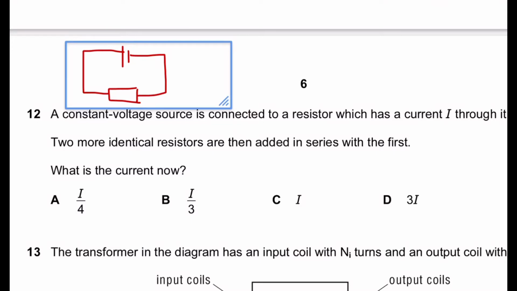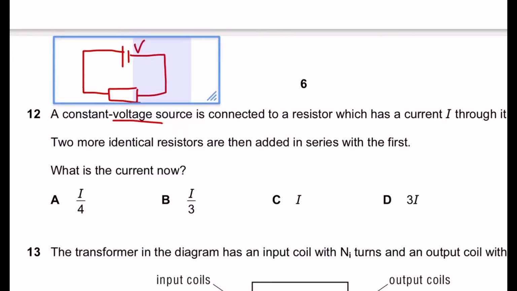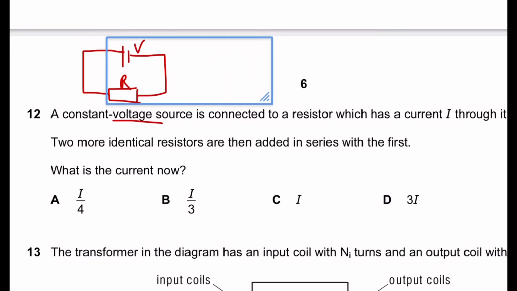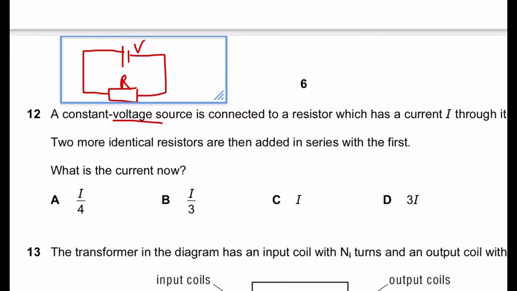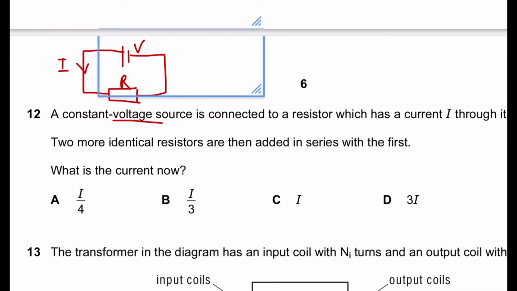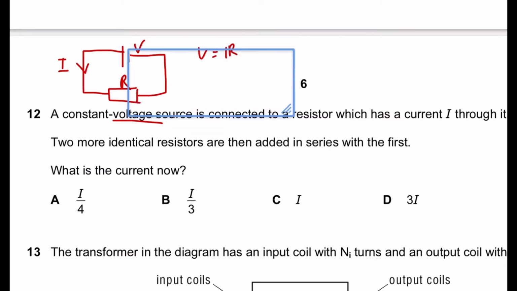So we have a constant voltage source. That's the main key here. The voltage is V. Let's pretend the resistor is R. The current flowing here is I. Let us use the formula V equals IR to represent I as V divided by R.